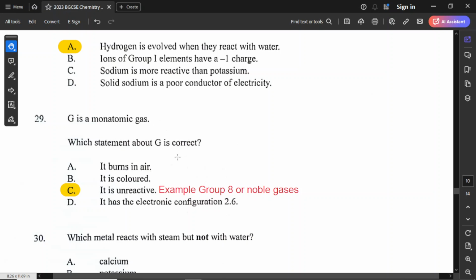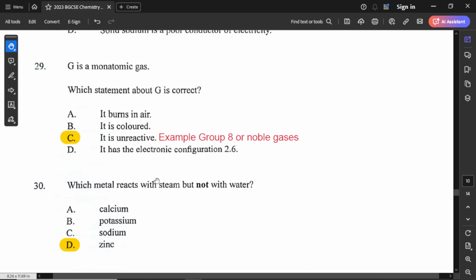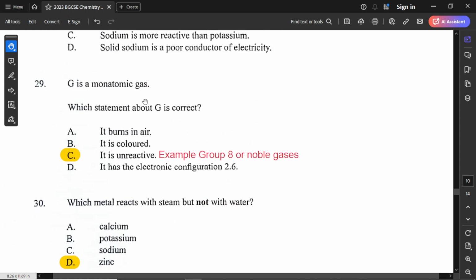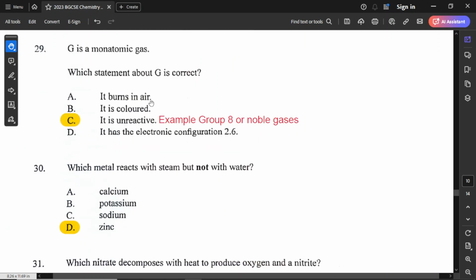Monatomic gases are typically from group 8, and they are noble gases, and therefore they are unreactive gases. Remember, groups 6 and 7 normally form diatomic gases, for example chlorine and oxygen. Chlorine is from group 7 and oxygen is from group 6.